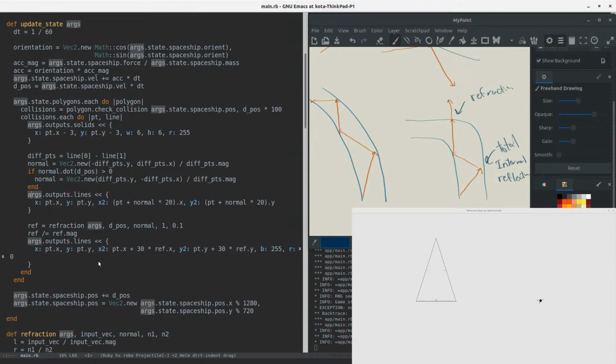So I think what we do is we can flip the n1 and the n2 and flip the normal, and presumably that will give us the value, maybe. It's something like that. And I'll look into that offline. I'll just look at the math a little bit, so I know I understand it before I try to implement it.